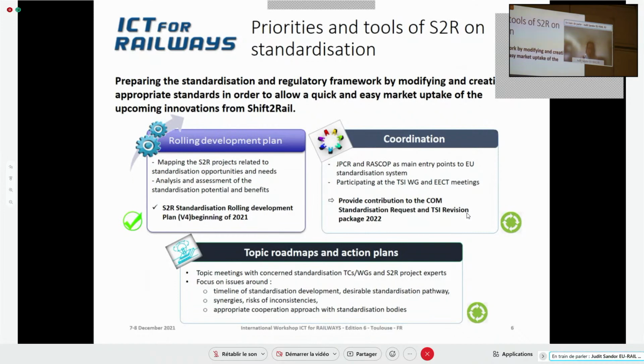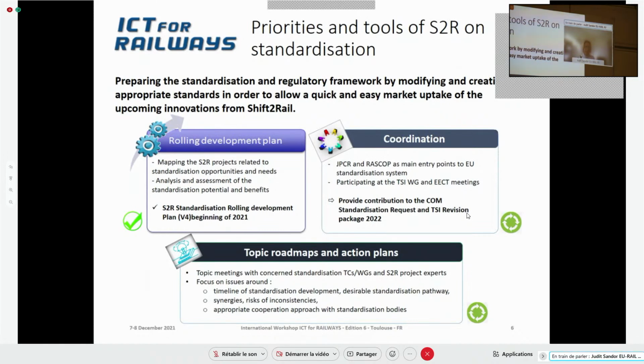So this is a collection of information, mapping the activities, mapping the standardization needs and opportunities coming from the program, and after that analyzing and assessing them, and seeing how these benefits could be implemented and provided to the ongoing or future activities when we are talking about regulation and standards. So this is the first step.